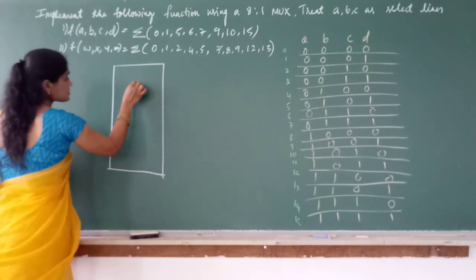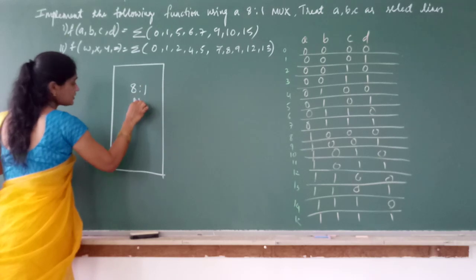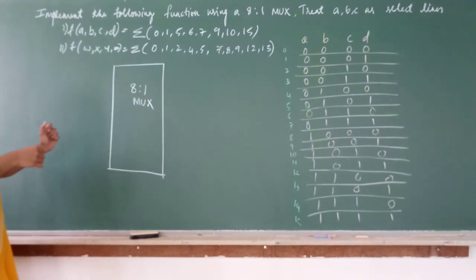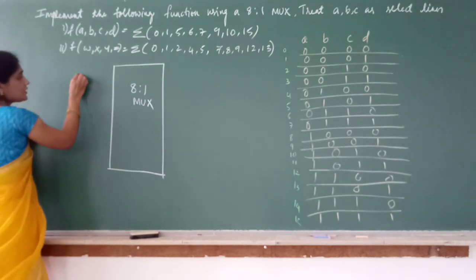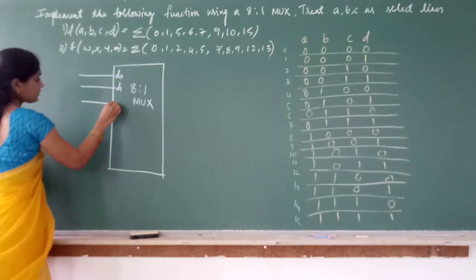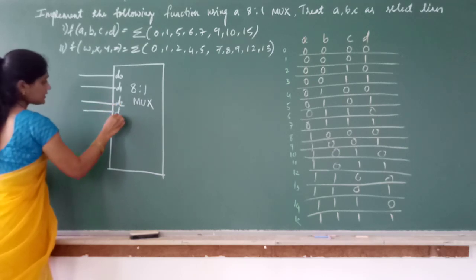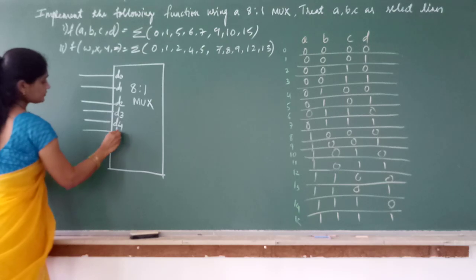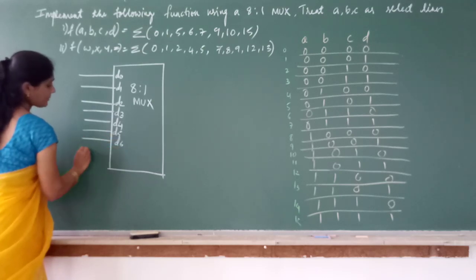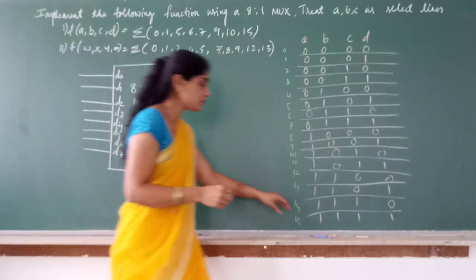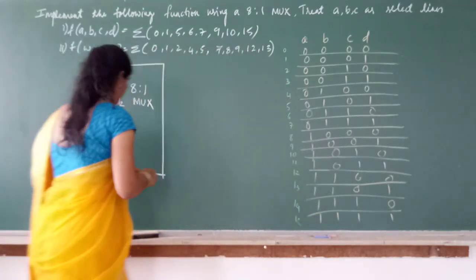Okay. So 8:1 mux, that is 74151. You can even write the IC number. It has got 8 inputs: D0, D1, D2, D3, D4, D5, D6, D7. Along with the 8 input lines, we have one enable input, correct?